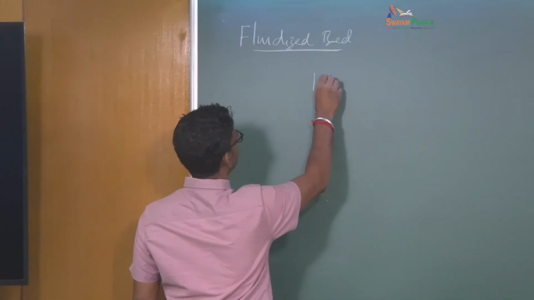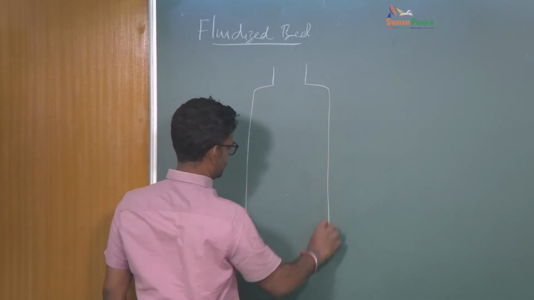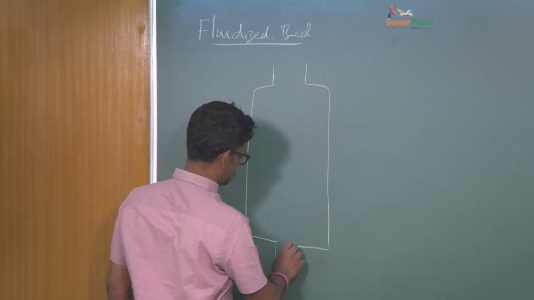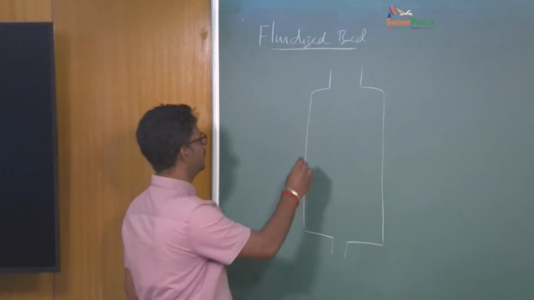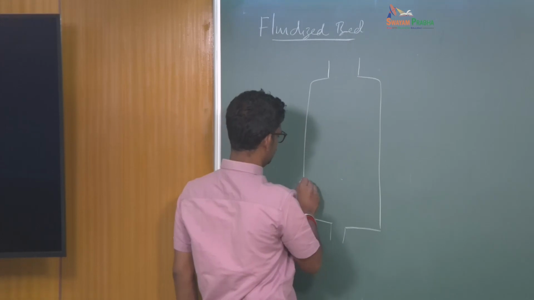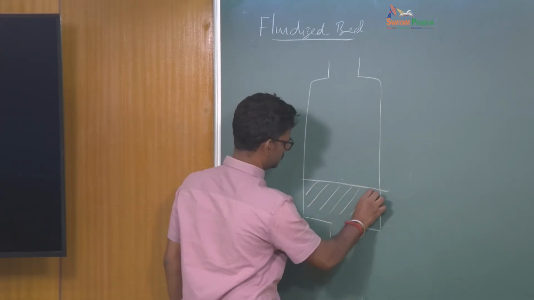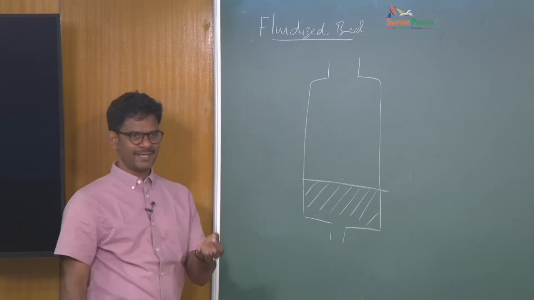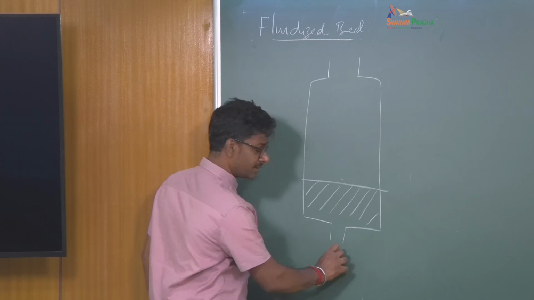So you basically have something like a vertical reactor, and you have a bed of solid. These are actually granules, independent particles, and we supply gas here.